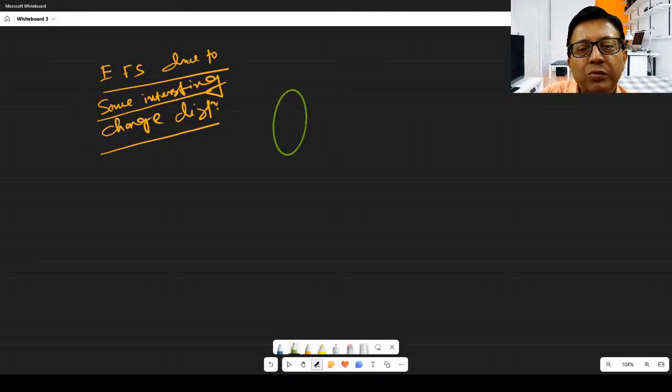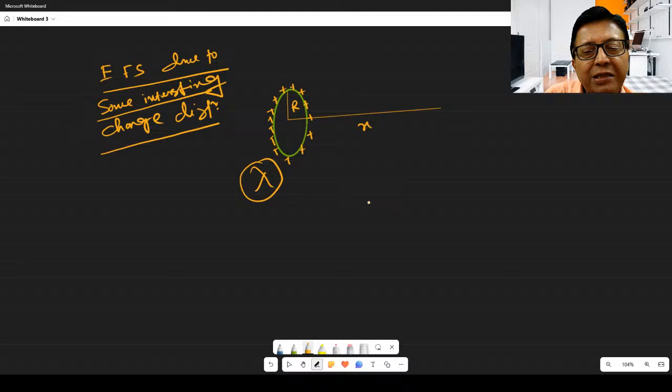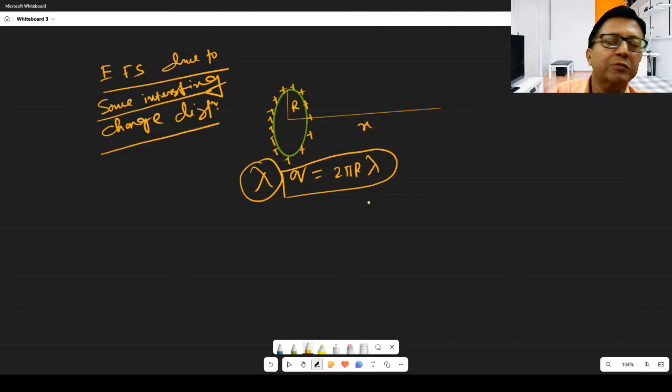Due to this circular charge distribution on the axis, the strength of electric field at a distance x, if the radius of the ring is r, lambda is the line density of charge, net charge Q equal to 2 pi r into lambda. This you know.